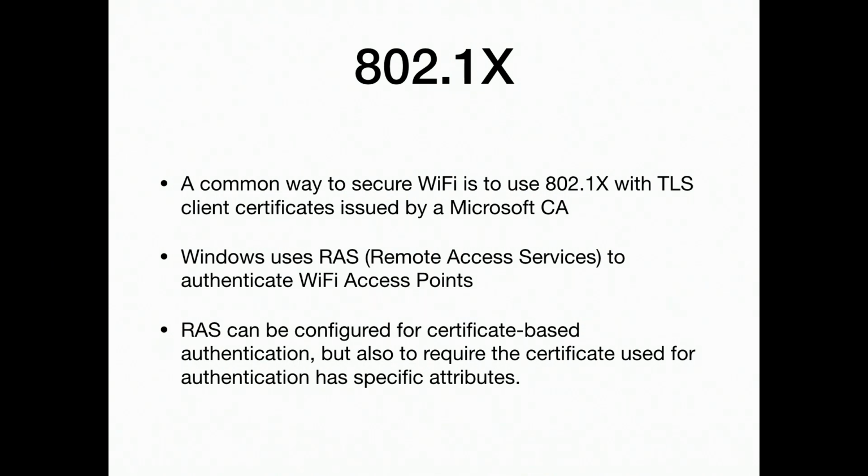It can look at the certificate and say only certain kinds of things in the certificate can be used. So this is where you get into the usage of the certificate, like your email and other pieces. It can look and see, did the certificate authority put the stuff in there that's allowed to use the Wi-Fi?